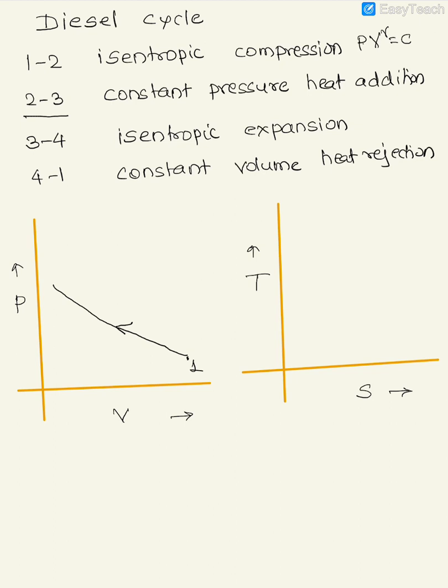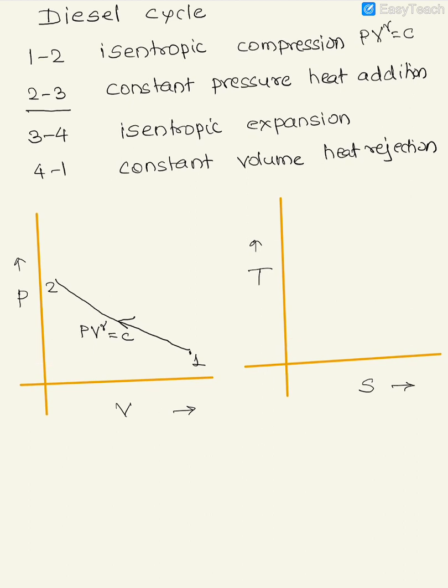This would be the compression from 1 to 2, and it won't be a straight line, it would be a curve, following P into V raised to gamma is equal to constant. So this is similar to what has been represented earlier in the Otto cycle also, right? But the next process is different. In the next process, it is a constant pressure heat addition.